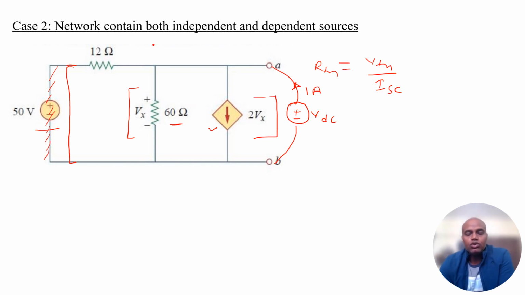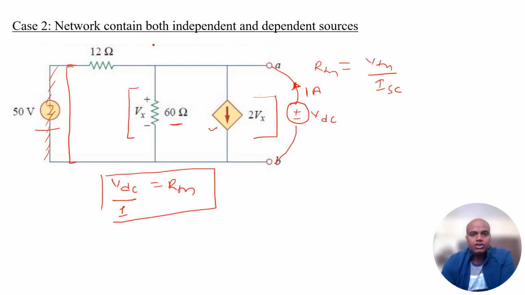Now I need to find out the value of VDC. If I can find the value of VDC, that is nothing but the value of RTH, because I have already assumed that it is giving a constant current of 1 ampere. So the ratio of VDC over 1 ampere is nothing but VDC, and that value becomes the RTH.